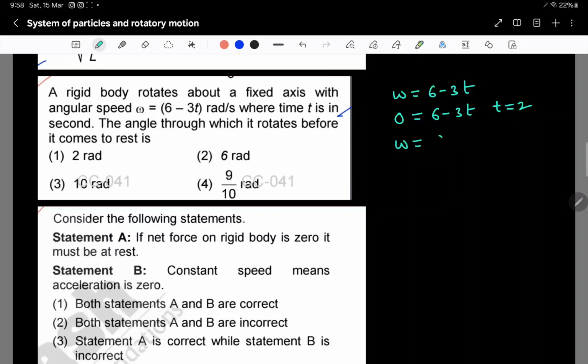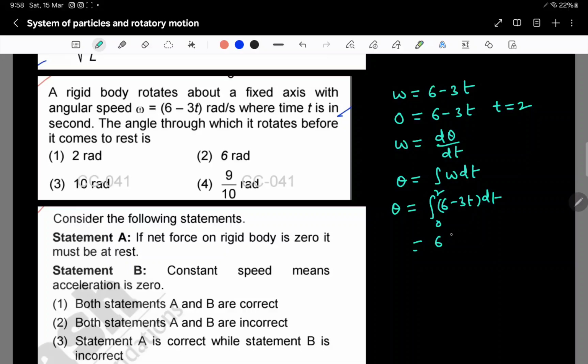Integration, students. Omega equals d theta by dt. So theta equals integration of omega dt, with limits from 0 to 2 seconds. So theta equals integration of (6 minus 3t) dt, limits from 0 to 2. Direct only, students.